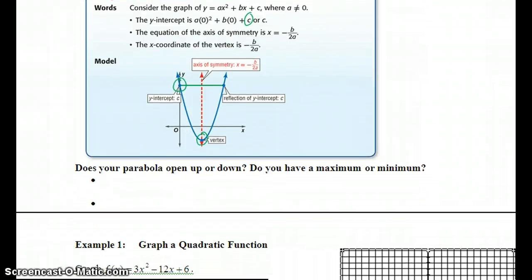Does your parabola open up or down? Well, if the a part of your quadratic term, this ax squared, is positive, so if a is greater than 0 or positive, it will open up and it will have a minimum.